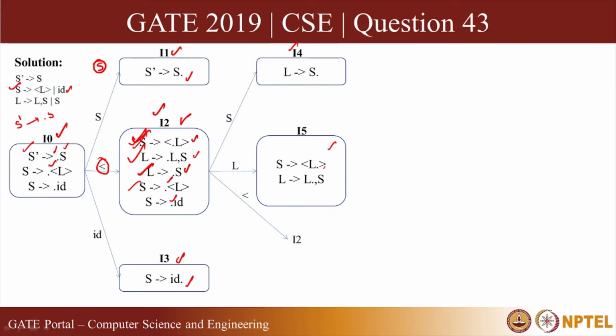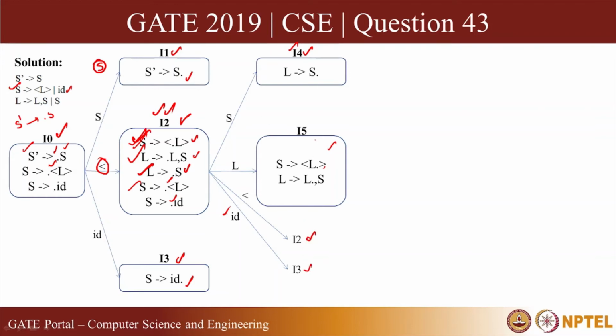Just refer that I2 means this set itself. In the same case, if we parse by ID, we will get I3 itself. This can be a direct connection, but for the sake of simplicity I have written it otherwise. Now we don't have anything in I4, I2, or I3.